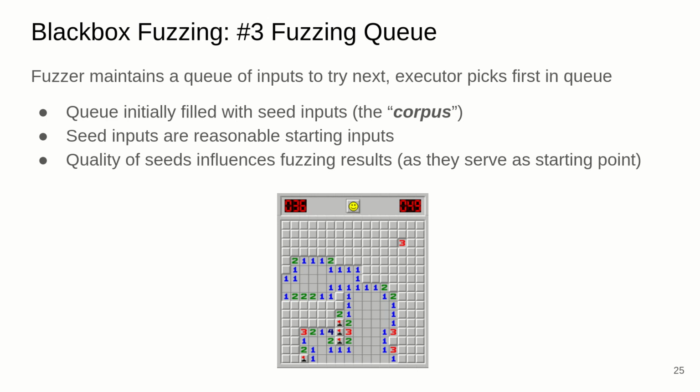And the quality of seeds influences the fuzzing results as they serve as a starting point. So even a fuzzer without coverage feedback can be effective if the starting seeds are really good, because then with the starting seeds we can simply randomly mutate individual bytes and still explore the coverage nearby and find issues nearby without having to get very detailed feedback. But coverage helps explore towards new feedback.